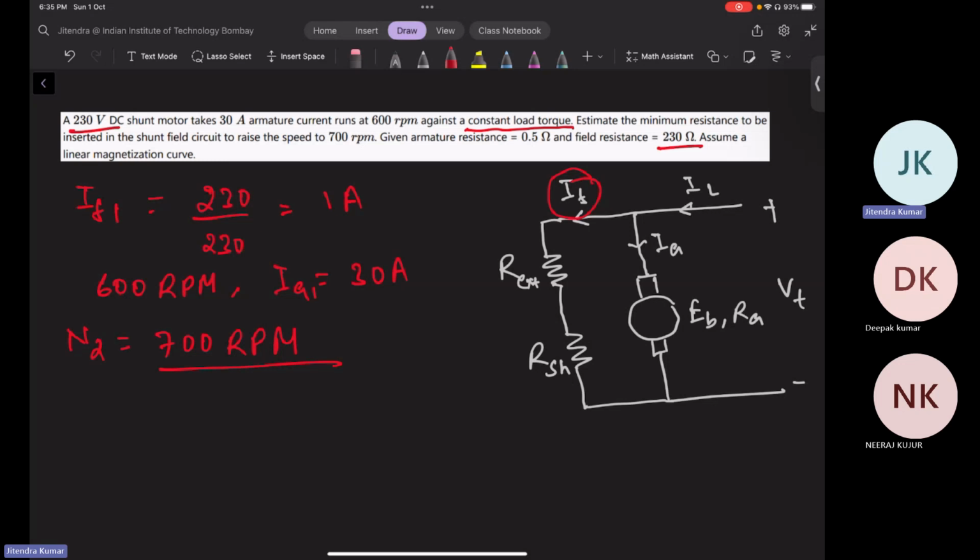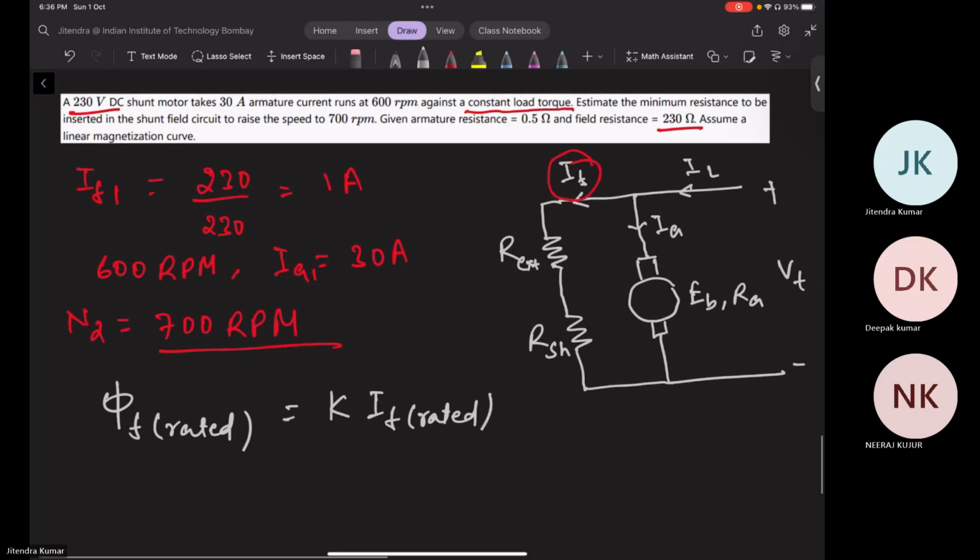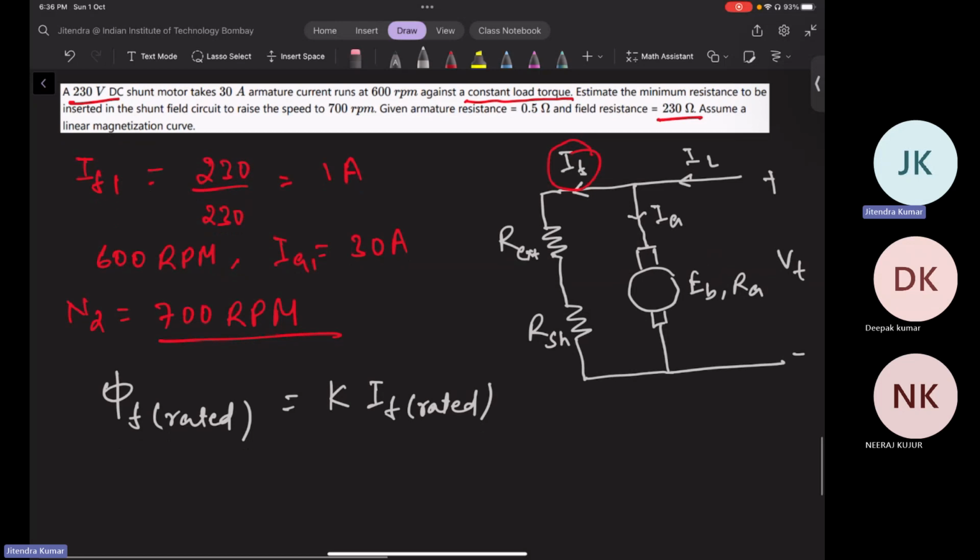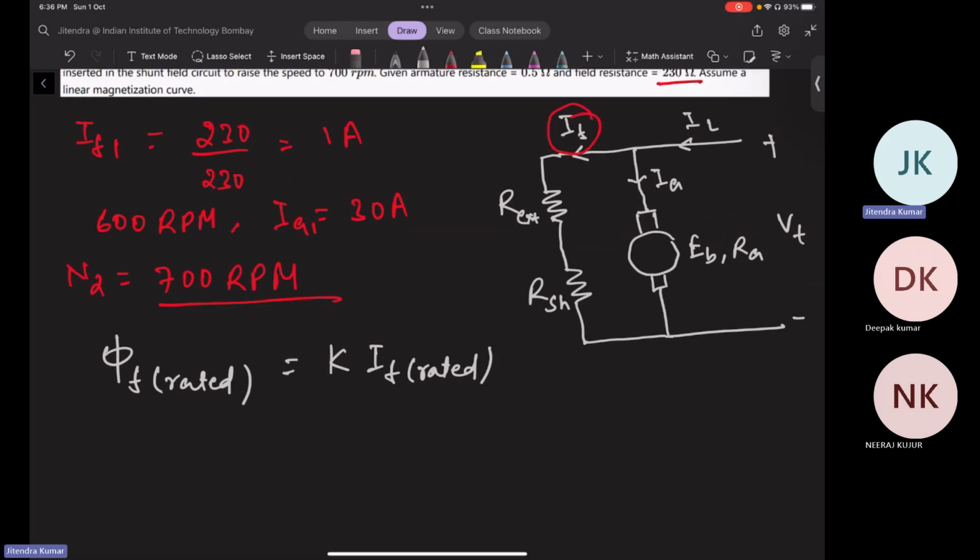So let us see if rated is equal to K phi rated. Now, first find out at 600 rpm what was the back EMF.